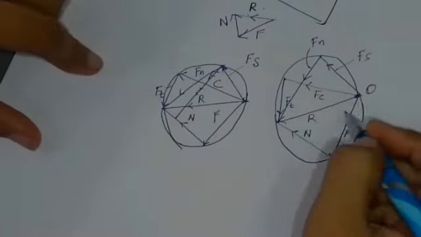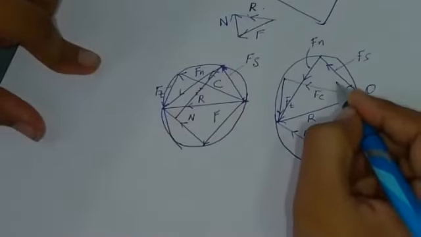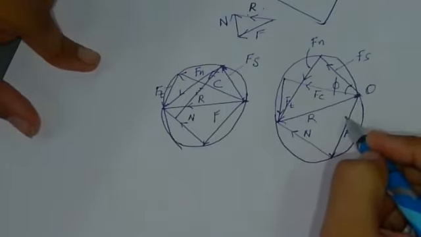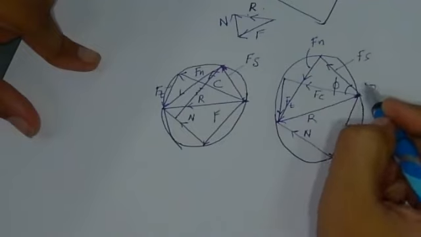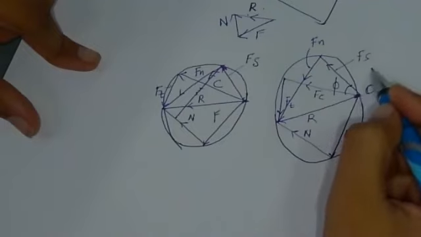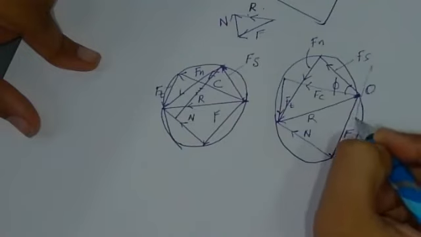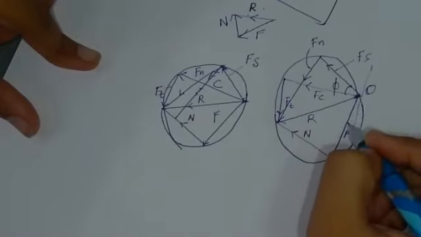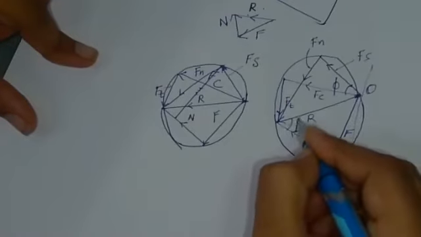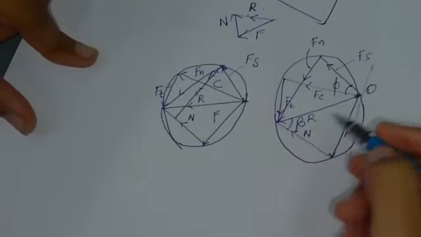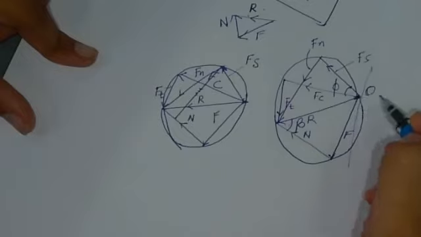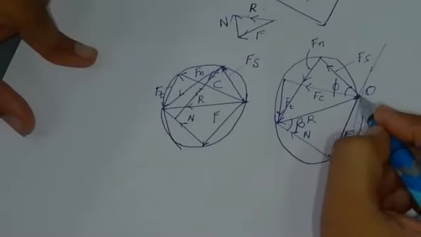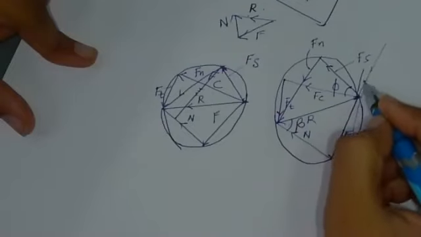The simple angles are here: this is the shear angle phi, and if we draw a perpendicular, then this is the friction angle beta, and you see this friction force makes an angle alpha from this.